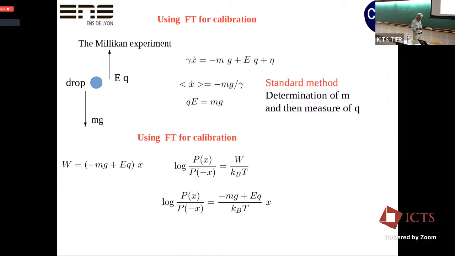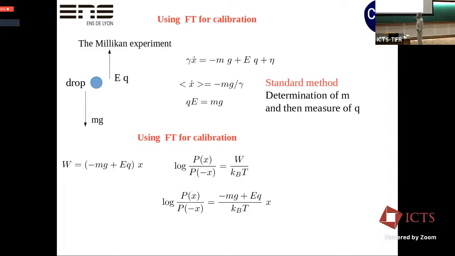Again, what is usually done is you measure this, and then you measure the value of the electric field that is needed to equilibrate the weight of the drop.